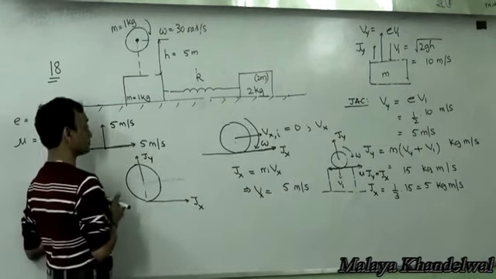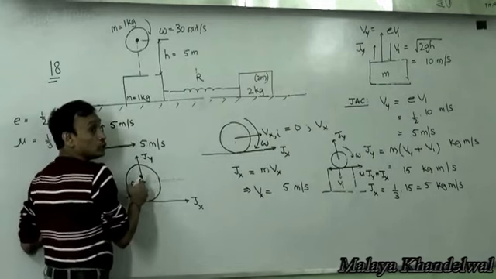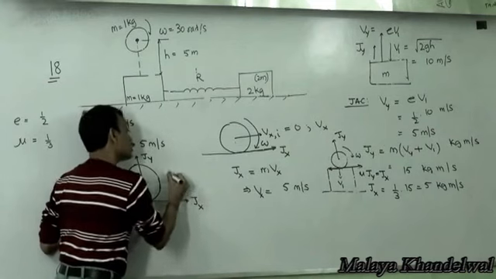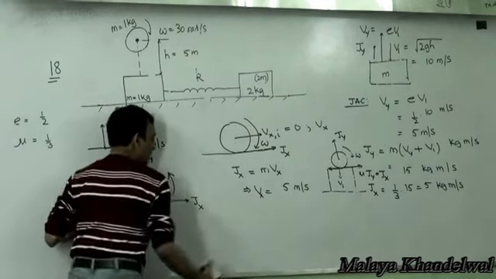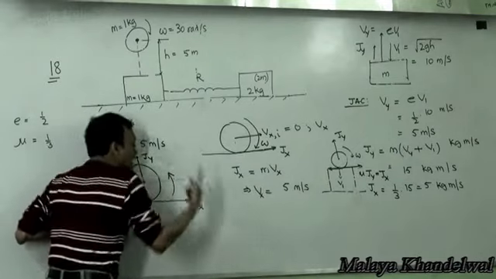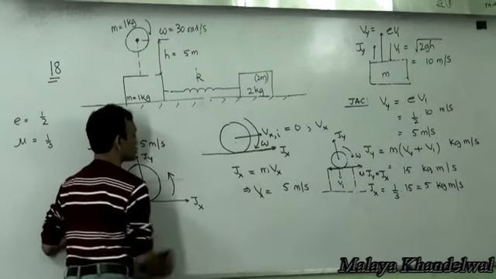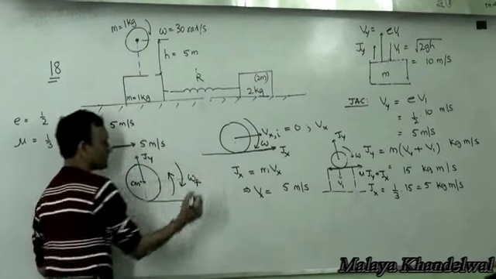About the center of mass, jy produced no angular impulse, whereas jx produced an anticlockwise angular impulse. So that caused the change in angular velocity. Let's say the original angular velocity was omega, and the final angular velocity became omega f.